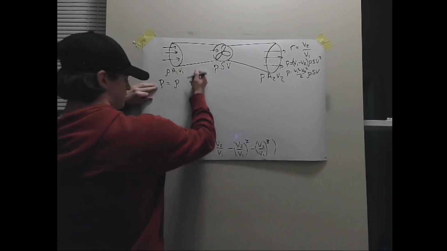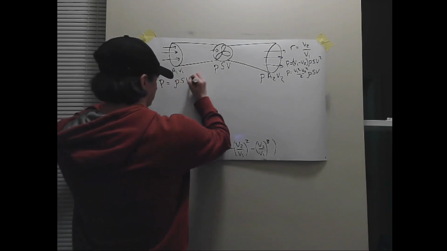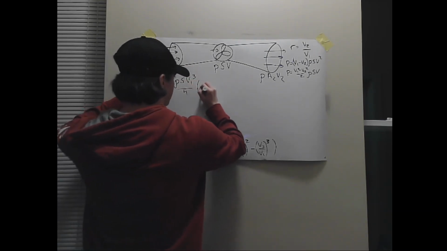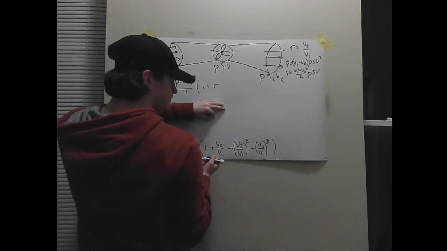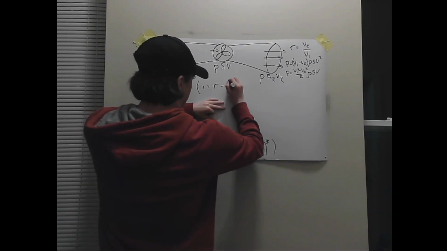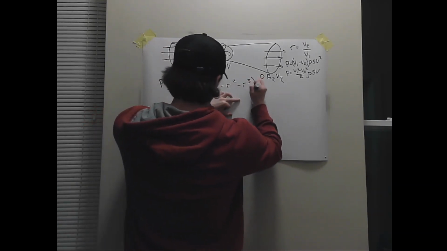So we have the power equals rho S times V1 cubed over 4 times 1 plus R minus R squared minus R cubed.